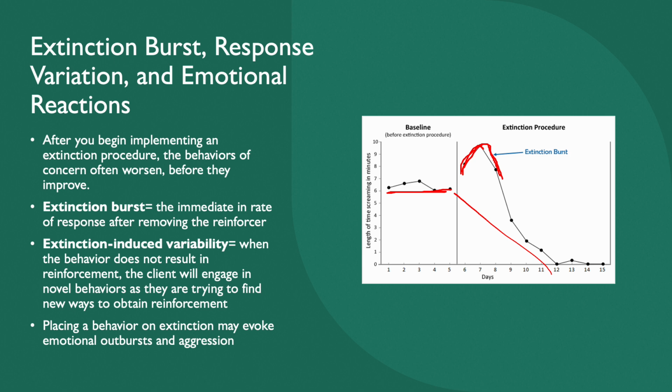So with an extinction burst, you're going to see not just the increase in the rate of the behavior or in the specific magnitude of the behavior, but you're also going to see that extinction-induced variability, which is where we see different topographies of the behavior that we wouldn't normally see.